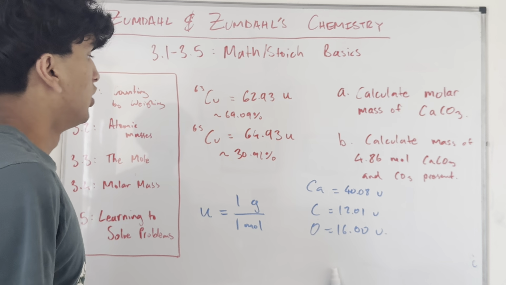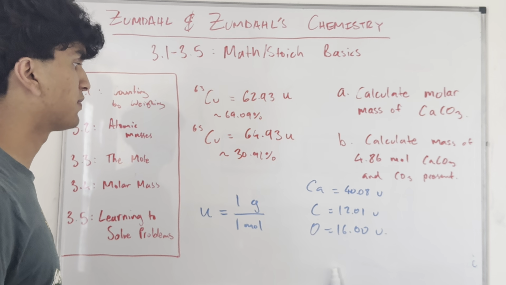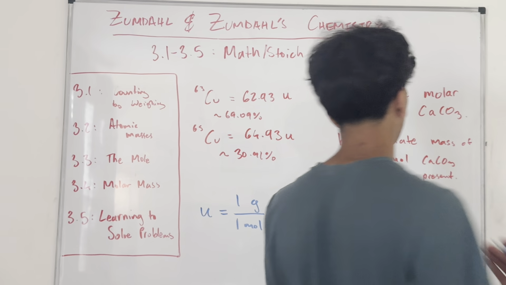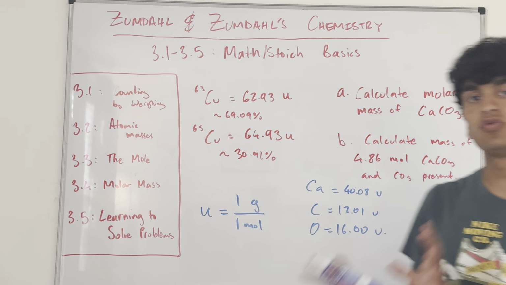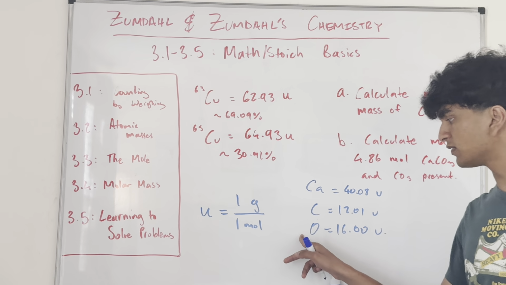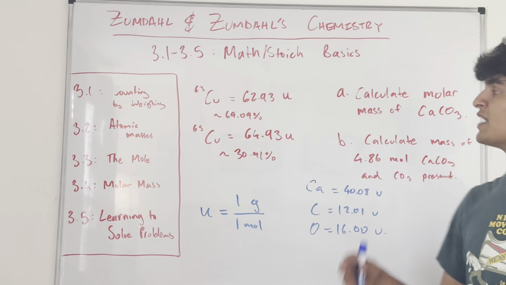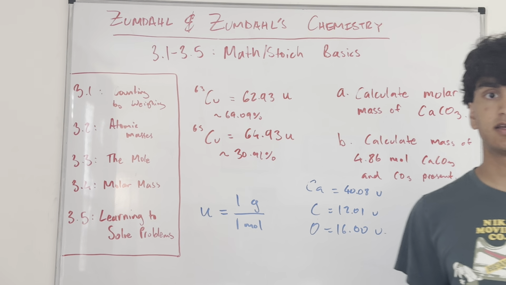If you want to calculate the molar mass, here's another thing. Intuitively, if you have 1 mole of oxygen, 1 mole of carbon, and 1 mole of calcium, how much CaCO3 can you make?